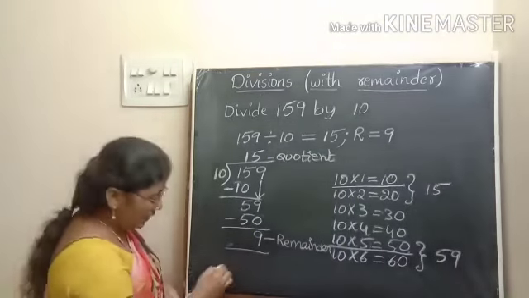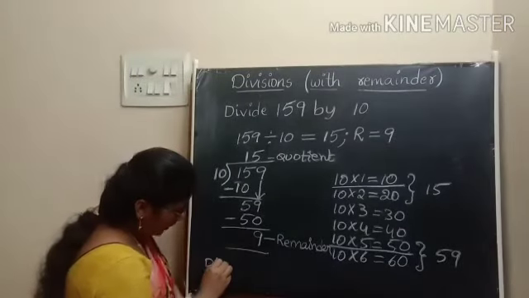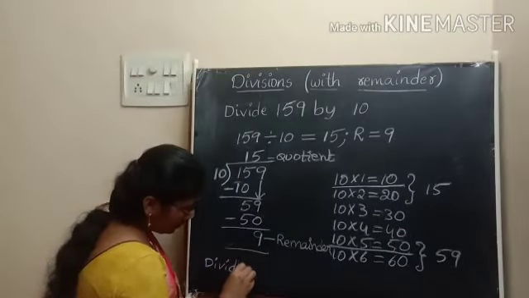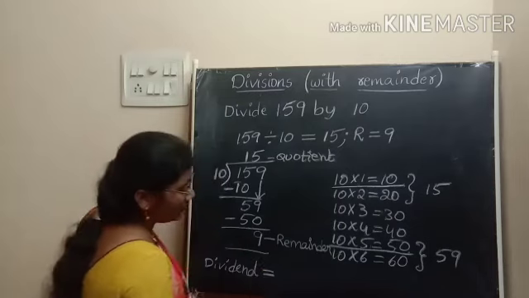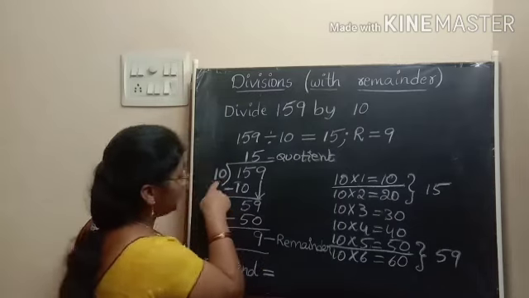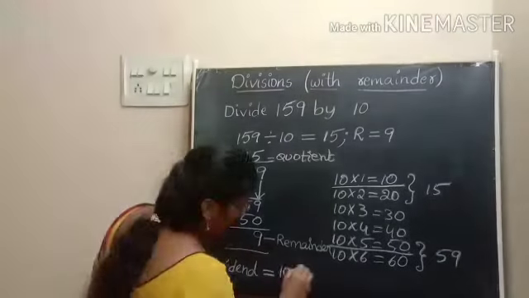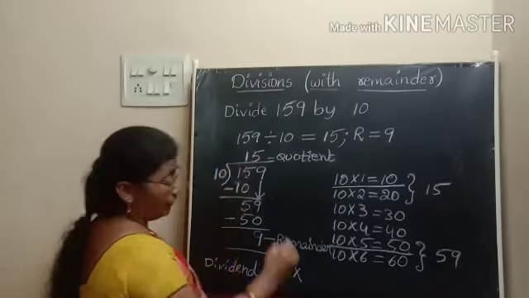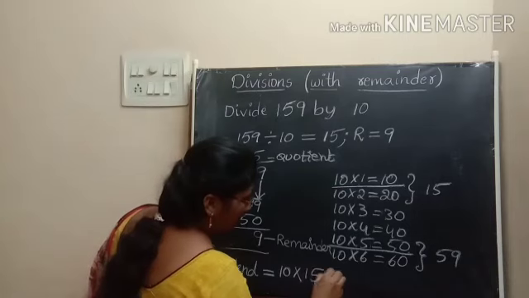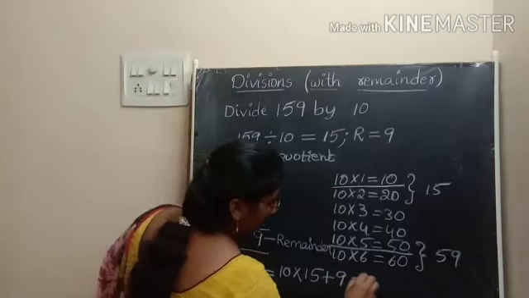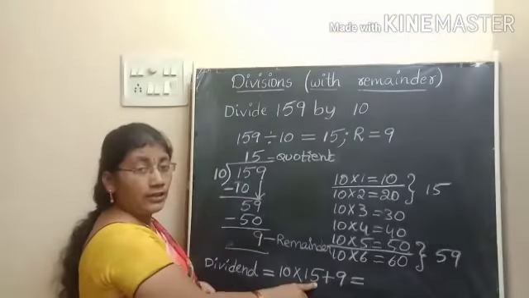Let us check our result. Dividend is equal to divisor into coefficient plus remainder. Divisor is 10, into coefficient 15, plus remainder 9. 10 into 15.